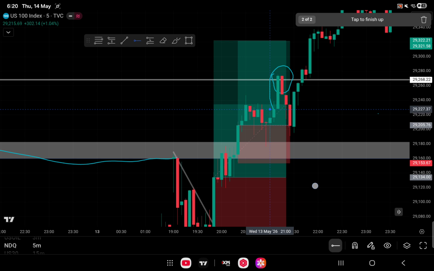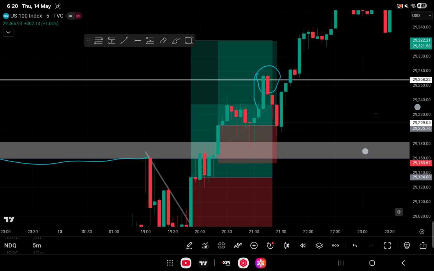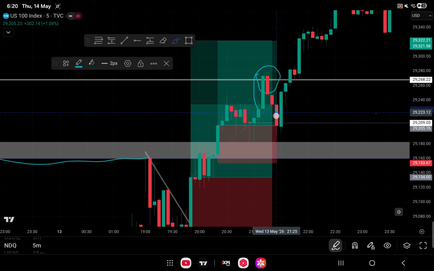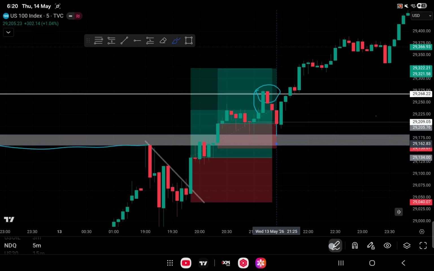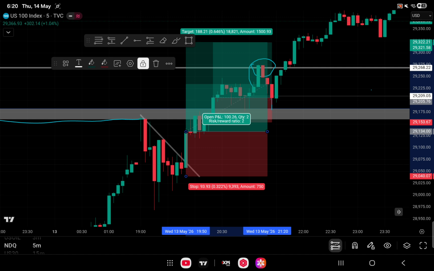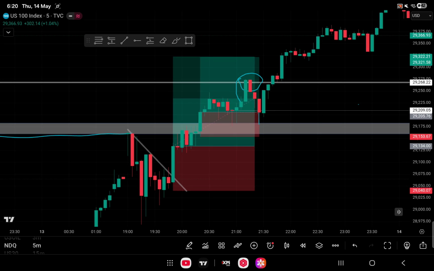My trailing level was somewhere over here for both the trades, and over this candle we had to exit our trade. So the pyramiding trade gave us no profits, and the original trade, which is this trade, gave us some profits, about half of the total TP.